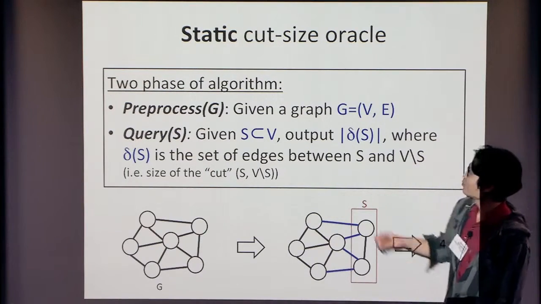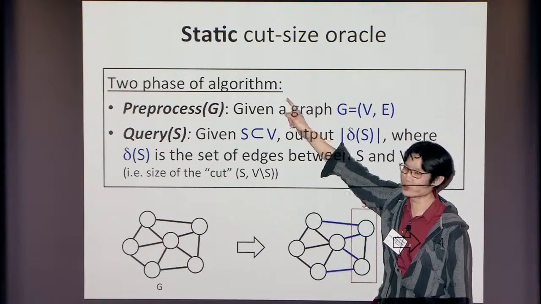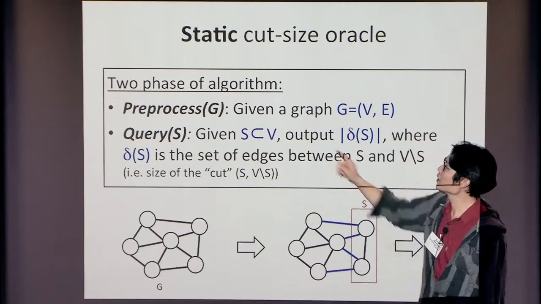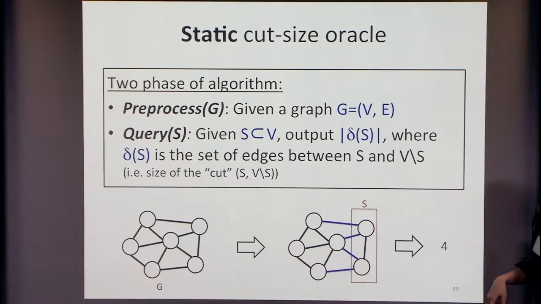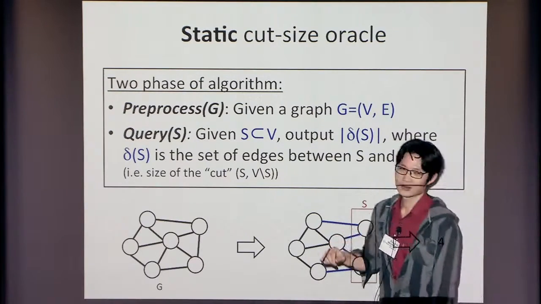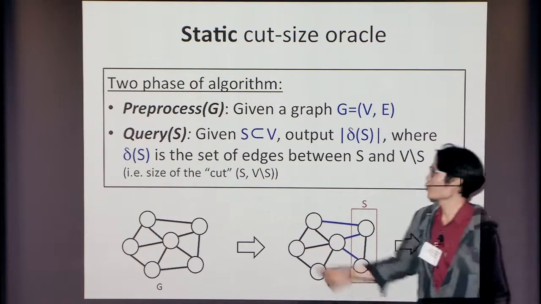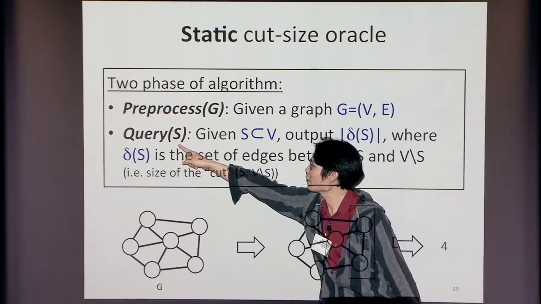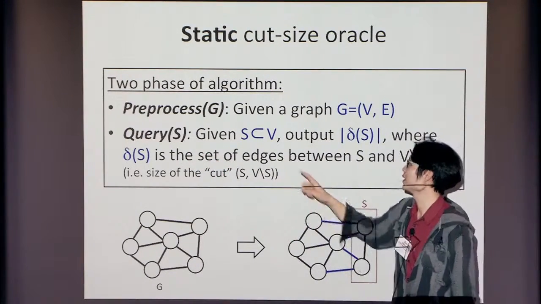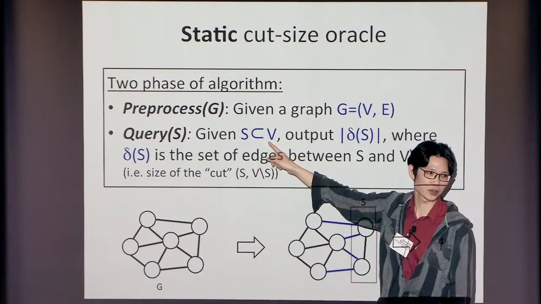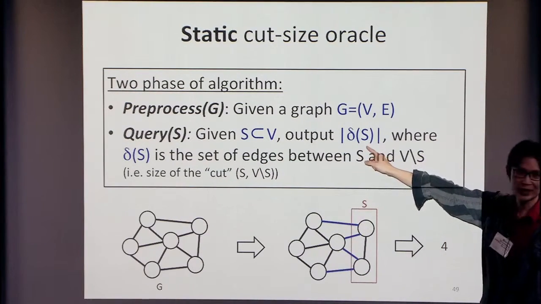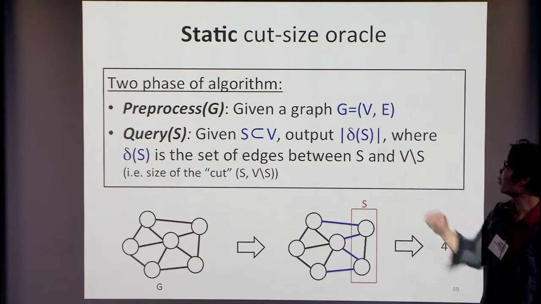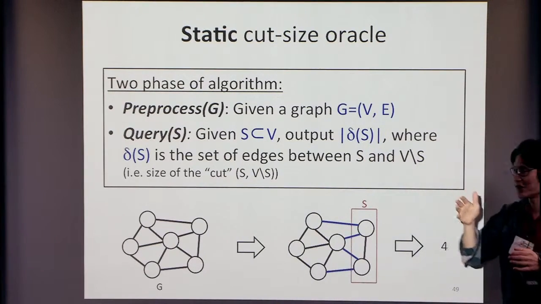You just imagine you have two phases of the algorithm. In the first phase, you have a graph G, and you can preprocess it. And then there's no change. You just get a query. A query has S as a parameter, and S is a set of nodes. What you have to output is the size of delta S, which is the size of the cut.